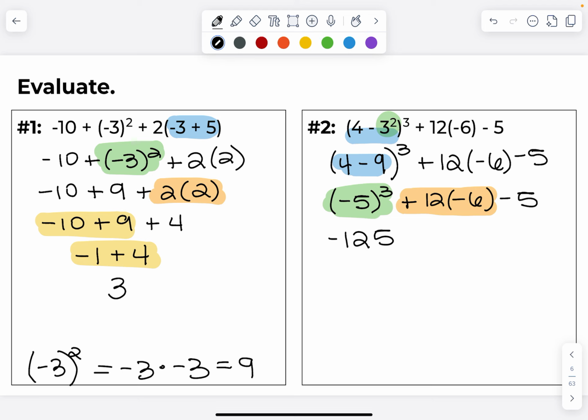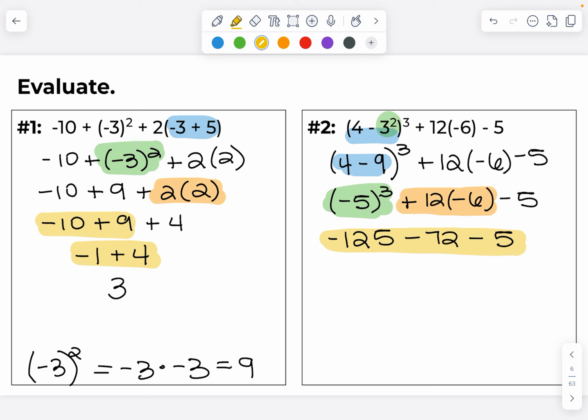So if I wanted to go ahead and simplify that 12 times -6, that would be -72, and then I'm still going to bring down that -5. And then I can do this simplification.